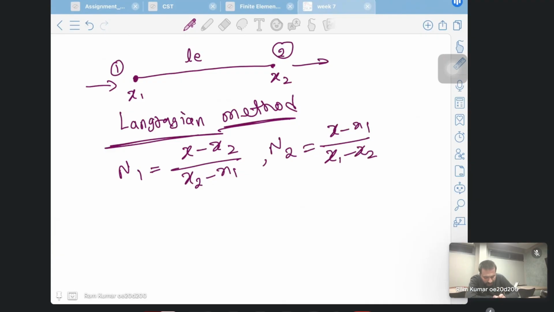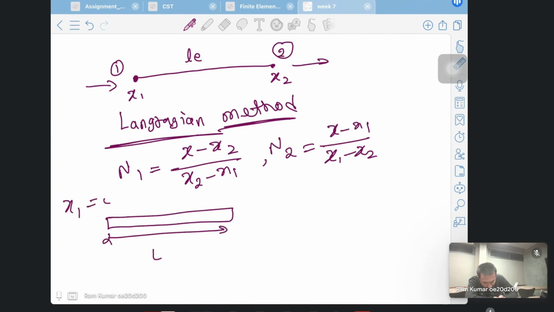For example, I'm saying this is a truss. It is having length L. This is x1 equal to 0, node 1, and x2 equal to L. This is moving in one direction because this is a truss.